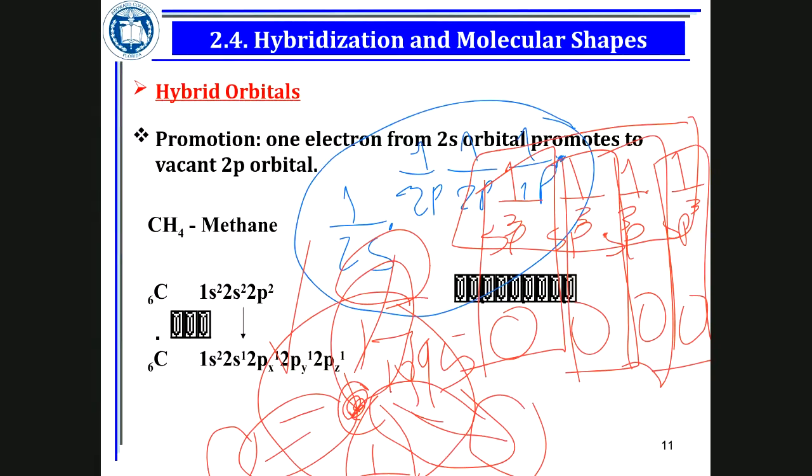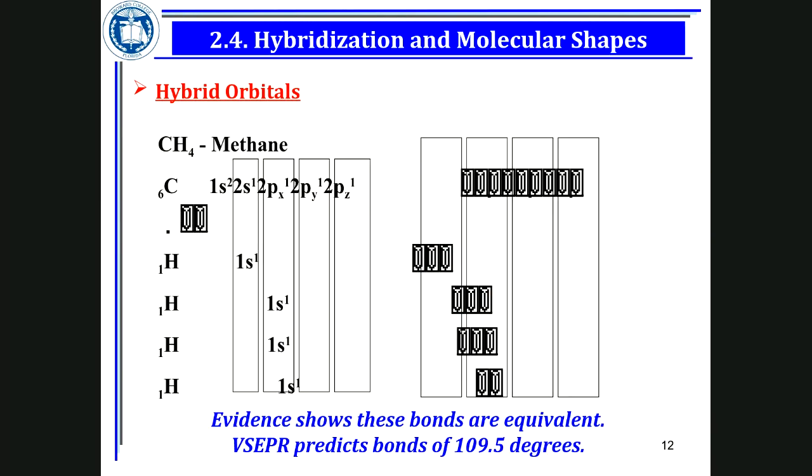Now, I'm going to take you a step back and tell you where we started and what we ended up with. We started with 1s2, 2s2, and 2p2, and we were confused and surprised how come the compound formed between hydrogen and carbon is not CH2 and is CH4.